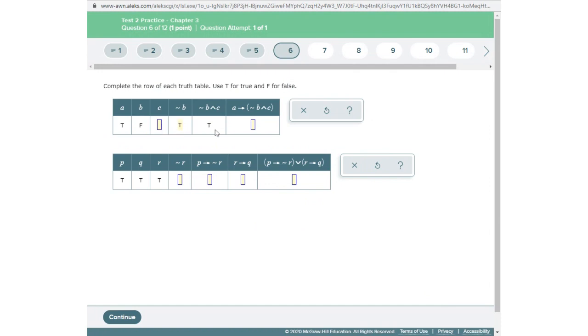So the only way that can possibly happen is if we've got two trues with an and. So that's true. And then now we're going to use A. If A, then this. So that's going to be true because you got true and true.